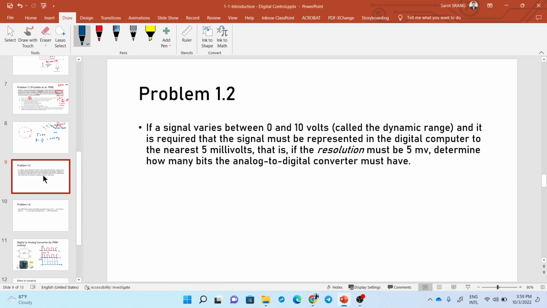Okay, try to calculate. So resolution is 5 millivolts. You have the whole range as 10 volts.